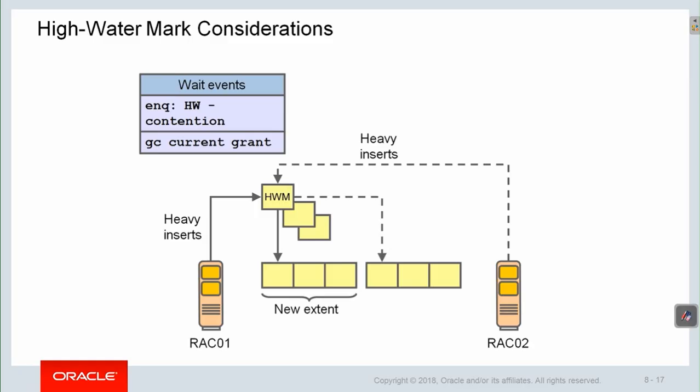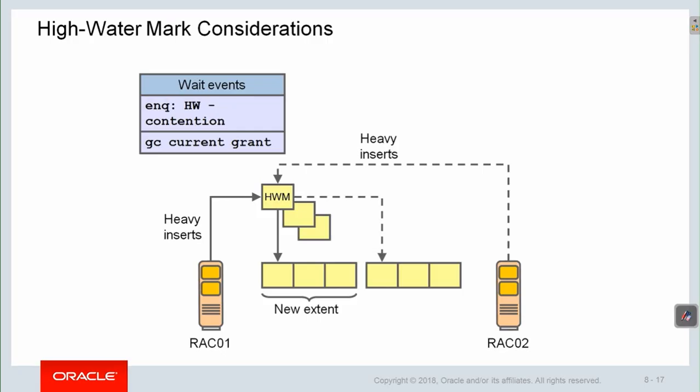So how can I resolve this problem? One possible option is, if this is a data warehousing environment and you are expecting concurrent insert statements or bulk update, bulk insert statements, then why don't you use a bigger extent size? If you are using uniform extent size allocation, then maybe you start with 4 megabytes or 1 megabyte.